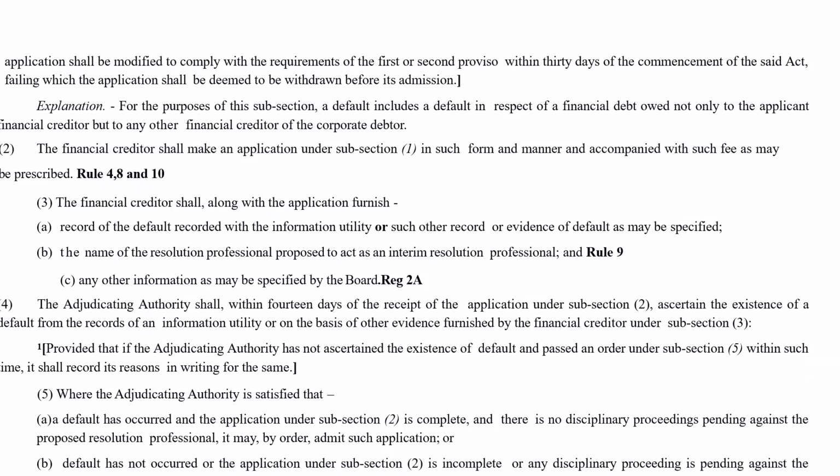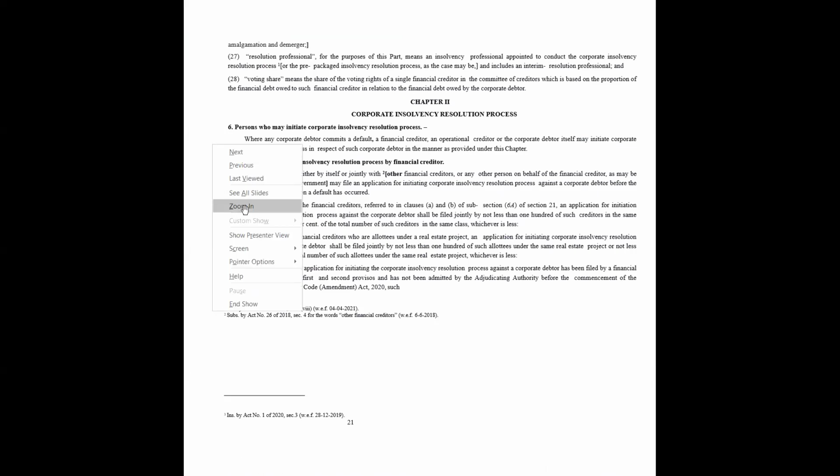But against whom does this application have to be filed? In part 2, against a corporate, because in part 2 we are studying the corporate insolvency resolution process. So section 7, if we again read what it says, initiation of CIRP by financial creditor. And section 6 says, where any corporate debtor commits a default.